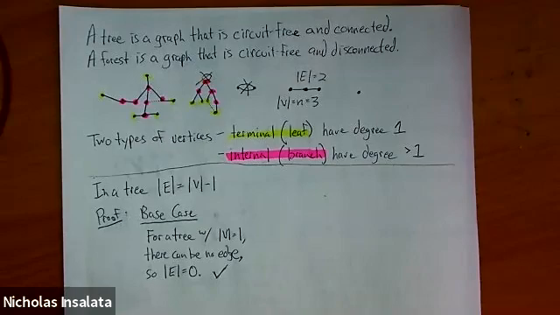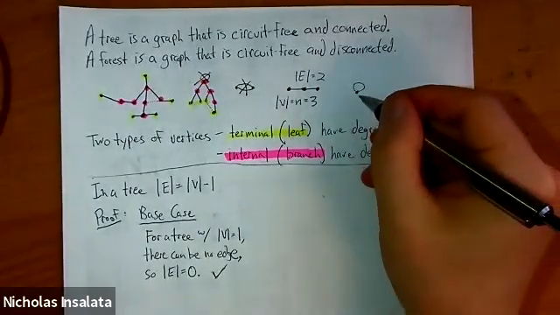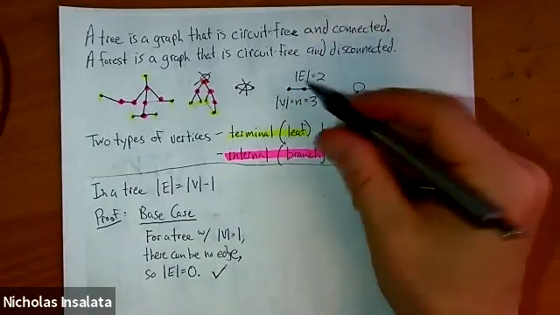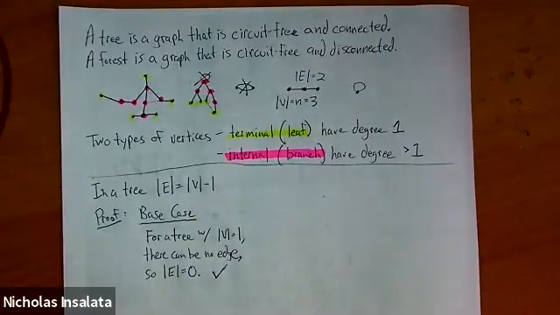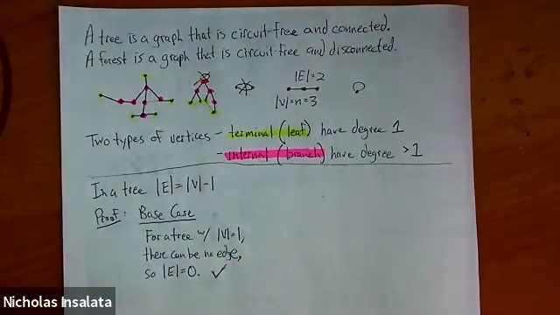The only possible edge would have to start and stop at that same vertex because that's the only one available, right? And if we did that, we would put in a loop, which means that it wouldn't be circuit free anymore. So that style of the base case is a bit of a proof by contradiction, I think. Does that sound good? People happy with that?